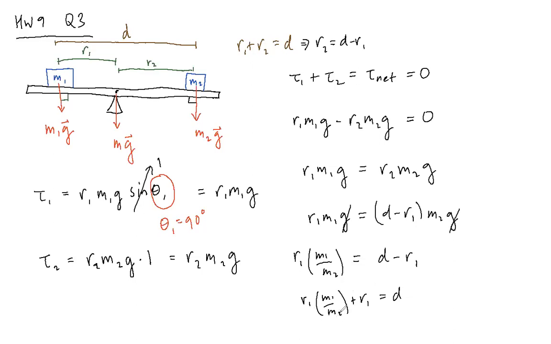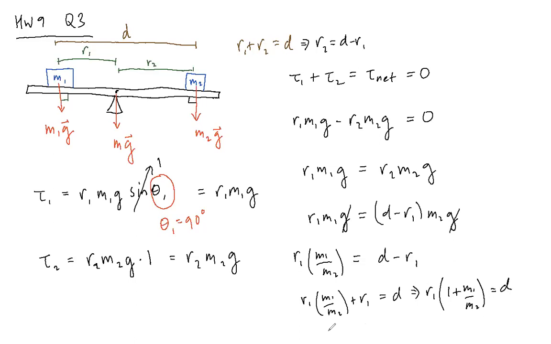So now we can factor out the R1. R1, 1 plus M1 over M2 is equal to D. And so now we can divide both sides by this quantity that we factored.